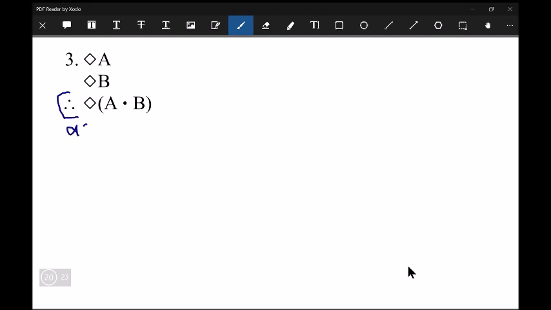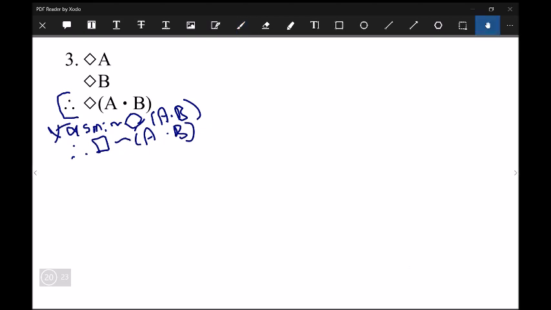You assume the opposite of the conclusion: not possible A and B. Then you reverse squiggle, so you have necessarily not A and B. So you reverse squiggles, then you drop diamonds. From the first premise, A is possible, so world W has A true.